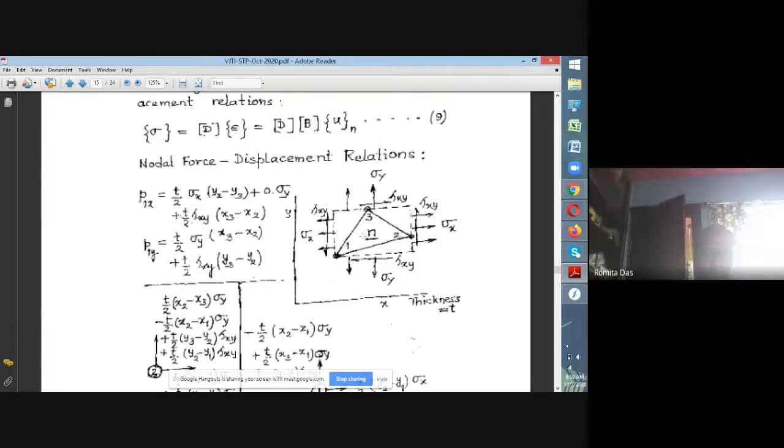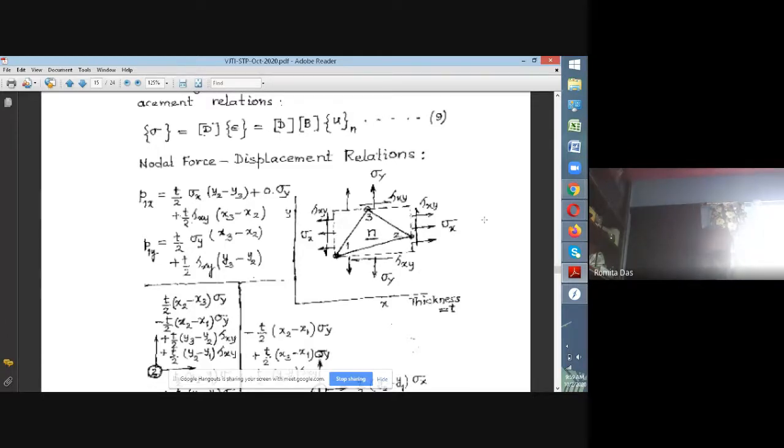The stresses are going to remain constant: sigma x, sigma y, and tau xy. We would like to find out what loads are coming on the boundary of this element from the remaining part of the body, and finally how they become forces at the nodal points of the element.